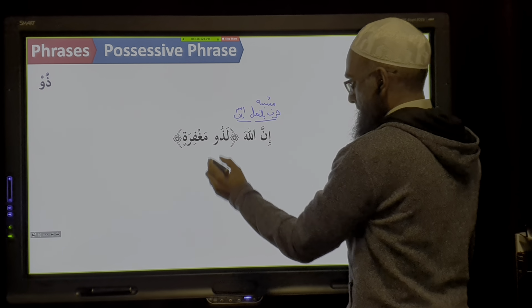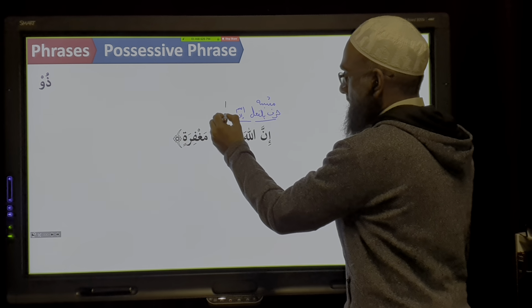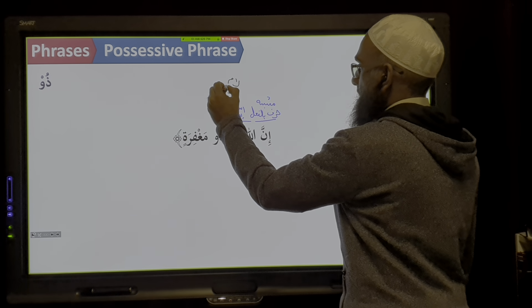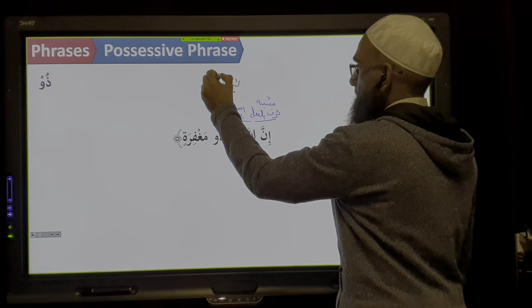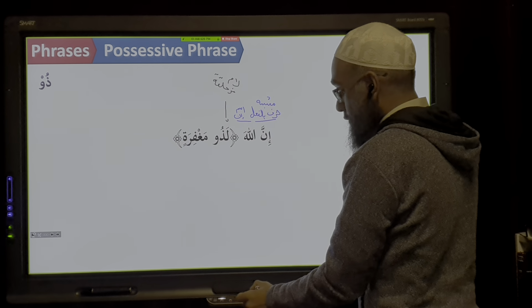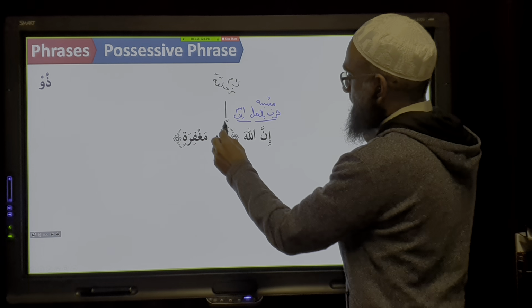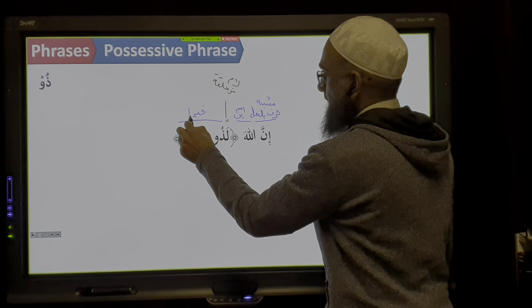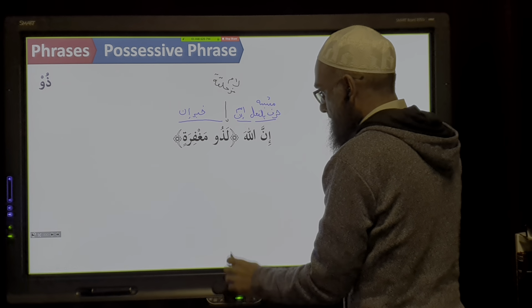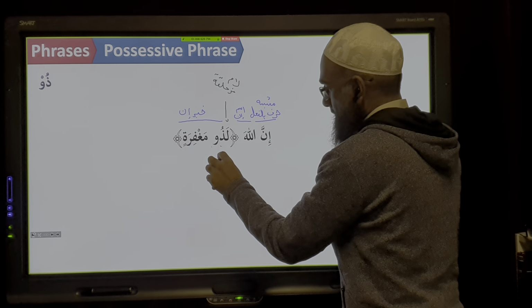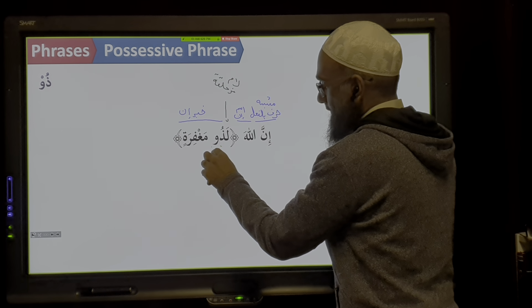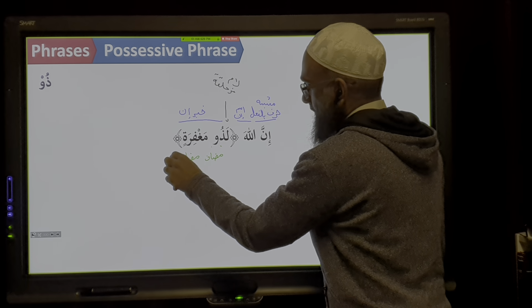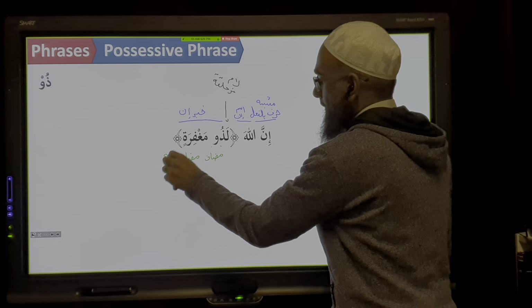Lam becomes what? Lamun muzahlaqatun. Dhu maghfira becomes khabaru inna. And dhu becomes mudaf. Maghfirah becomes mudaf ilay.